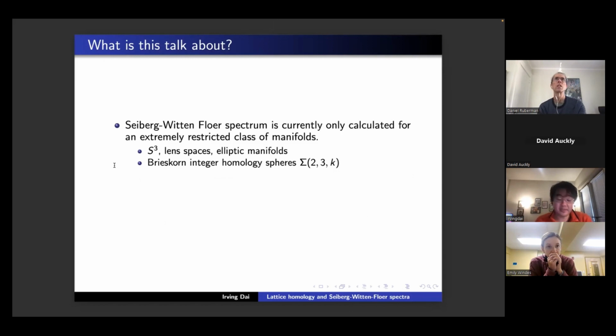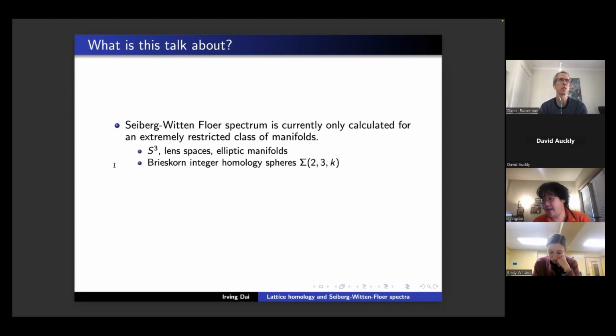of manifolds. Of course, there are rather trivial examples such as S3, lens spaces, more generally free manifolds with extremely restricted geometry like elliptic manifolds. But on top of that, there are basically not many calculations. Essentially, the only non-trivial calculations that I'm aware of that appear in the literature are Brieskorn homology spheres of the form Sigma(2,3,K).